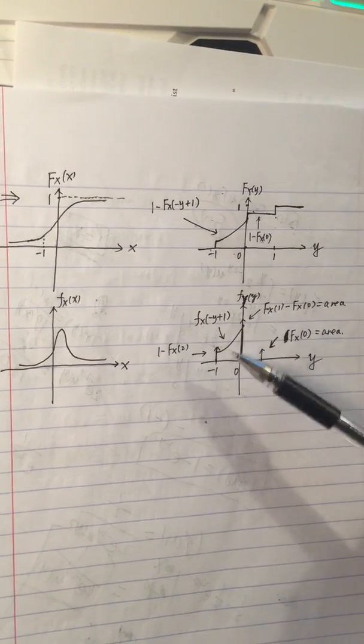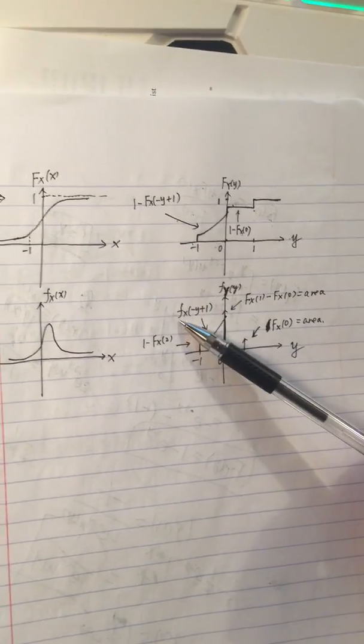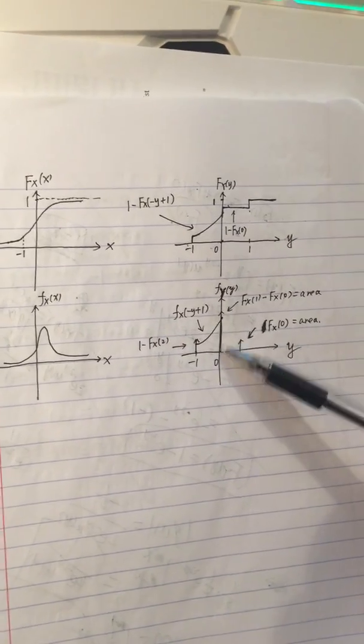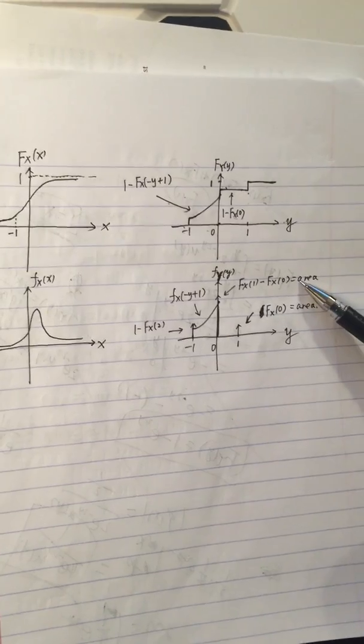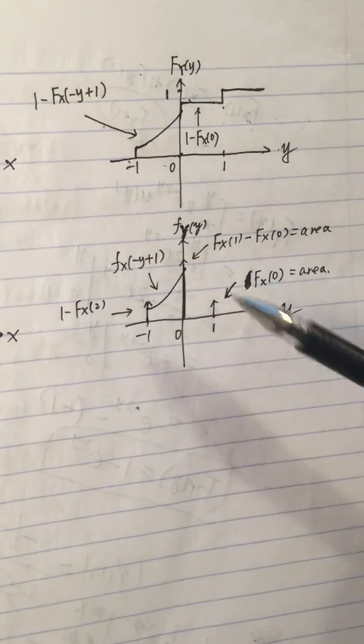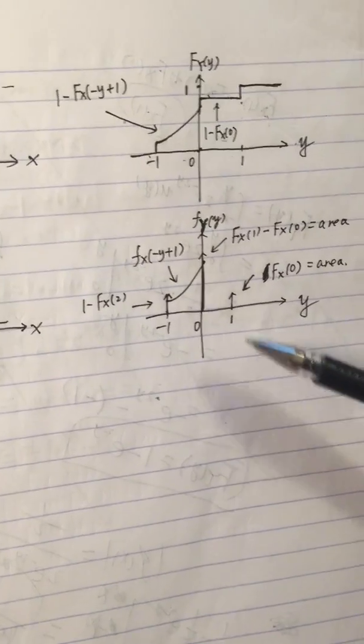And f_Y(y) is like this: between minus 1 and 1 it is like this, and at 0 it is F_X(1) minus F_X(0), equal to the area of that, and there is also an impulse of F_X(0) at 1. So that's the first question.